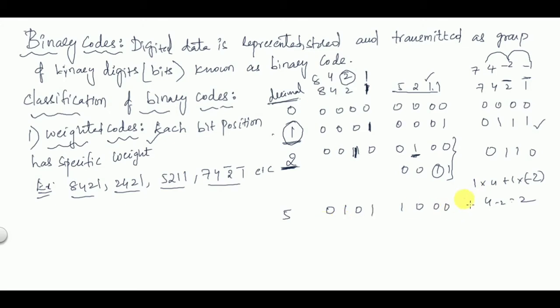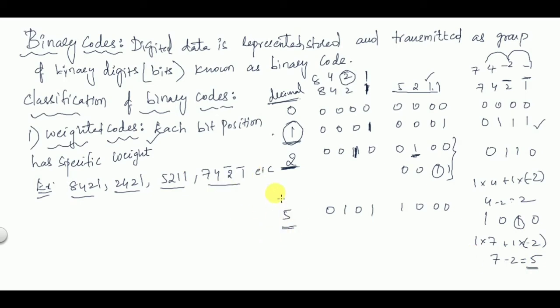And here, if you want to represent 5, 1 0 1 0. So 1 into 7 is 7, plus 1 into minus 2, since this weight is minus 2, so 7 minus 2 is 5 again.